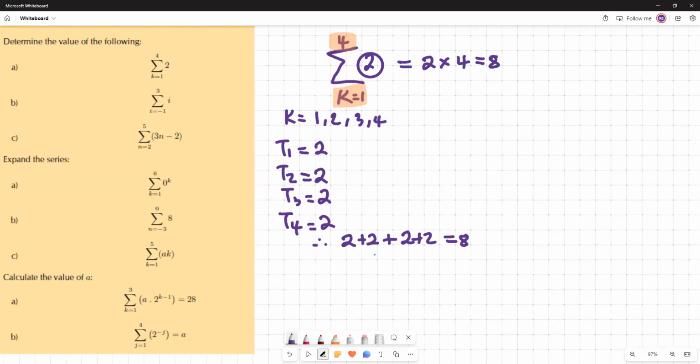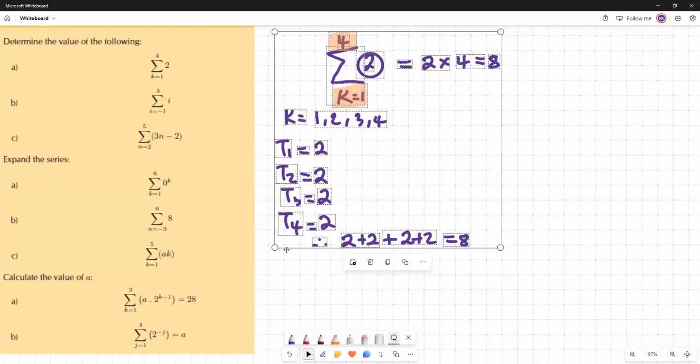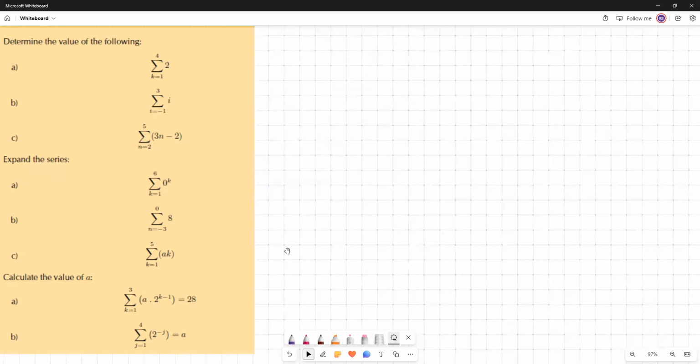All right. Let's erase everything and do the second one. So the second one, your i is -1. So you can see that, okay, I'm starting at -1, then I'm going to go to 0, then 1, then 2, then 3, right? Then you have i here, you have i there.